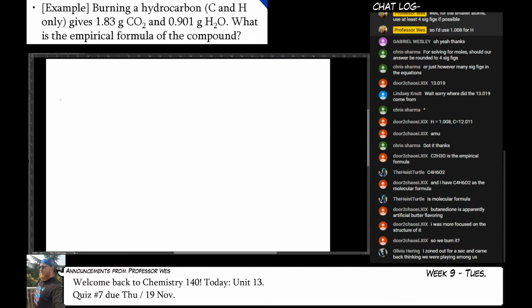All right, so I'm going to write down the masses that I was given here. This is CO2. And that's water. So I'm going to write down the unit map just for our general process here. This will be for CO2.